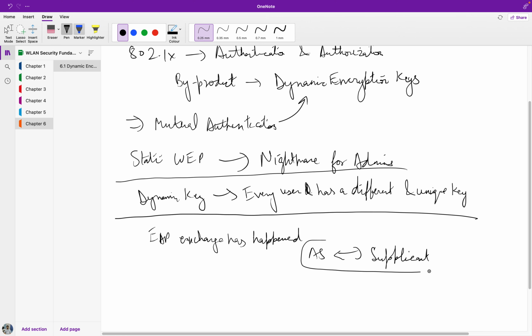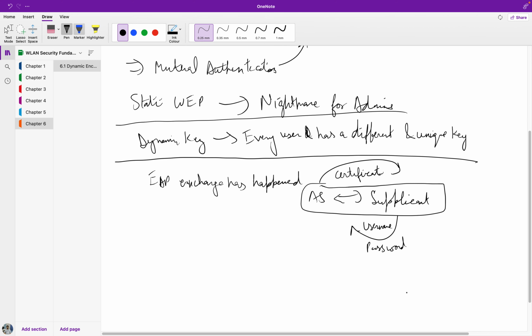The supplicant has given, let's say, a username and password, and the AS has given a digitally signed certificate to the supplicant to verify its identity. Now this newfound information can be used as a seeding material, or keying material, to generate the matching dynamic keys for both the AS and the supplicant.